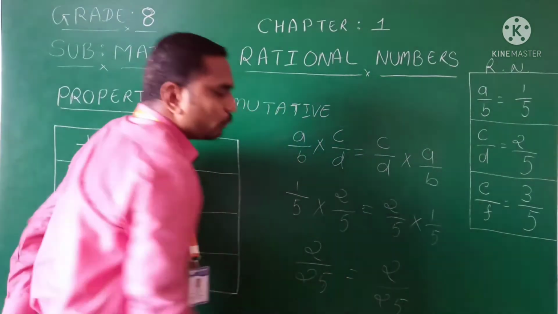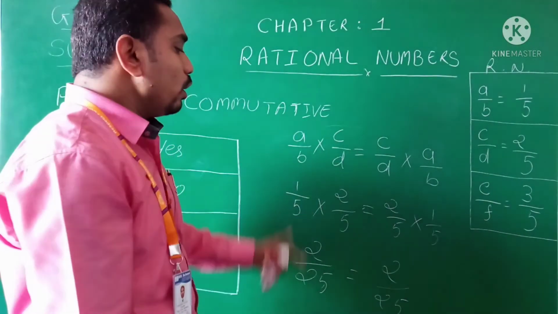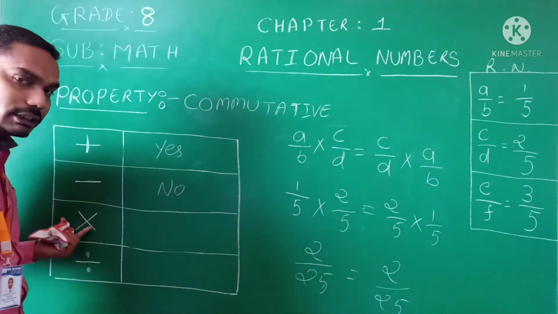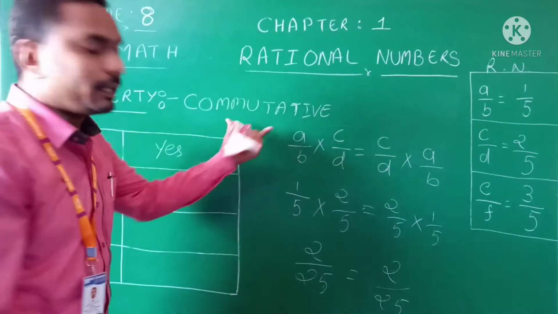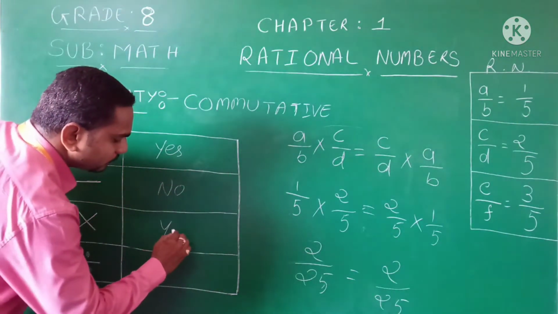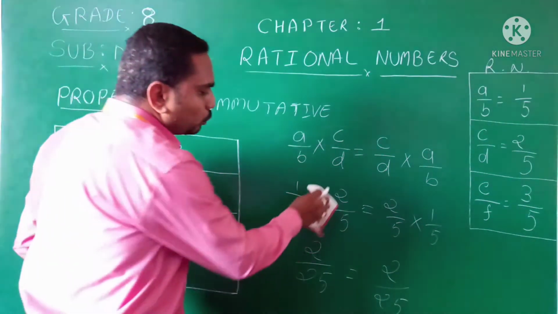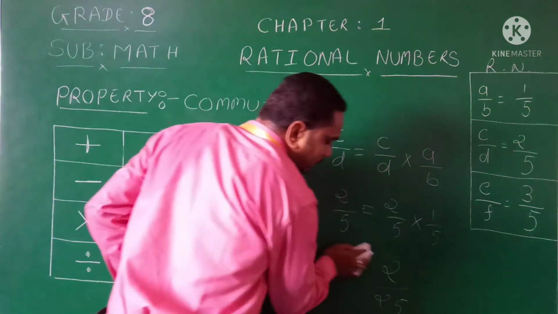Hence we can say that both are equal. So for the rational number, for the multiplication process, the commutative property is applicable.